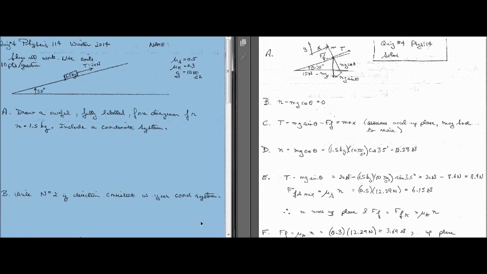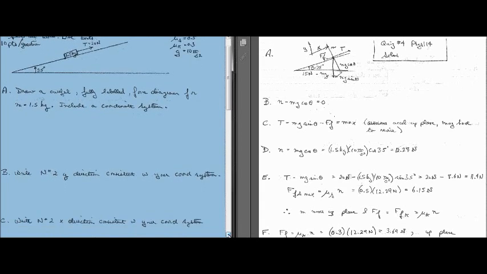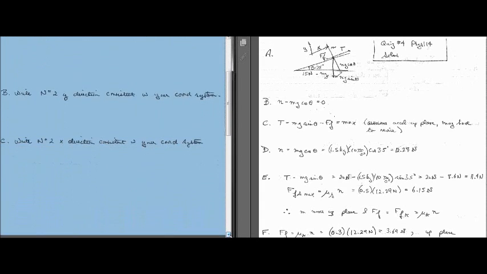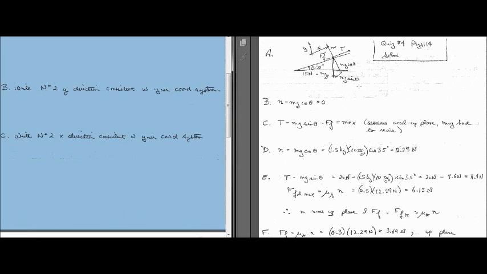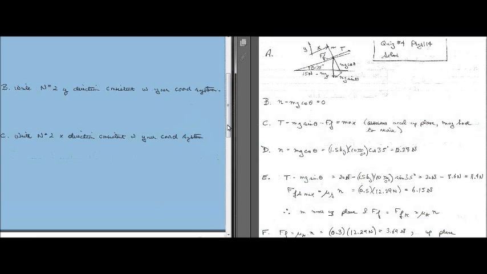So let's go over here and go down. The next thing to do was to write an equation, Newton number 2 in the x direction, consistent again with the coordinate system, of course. To do that, there is one force in the positive direction, plus T, minus mg sine theta, minus the frictional force, and that's what you see here.